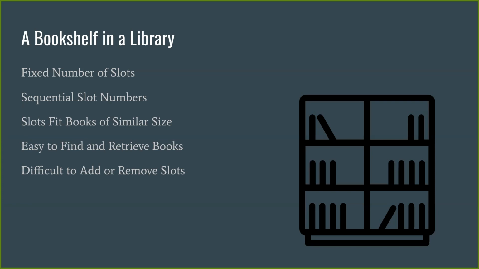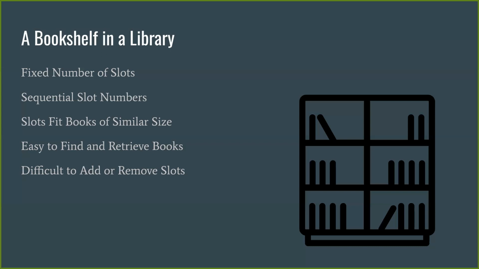So in conclusion, like a bookshelf, an array is a collection of elements arranged in a specific order, elements being books, specific order being slots.